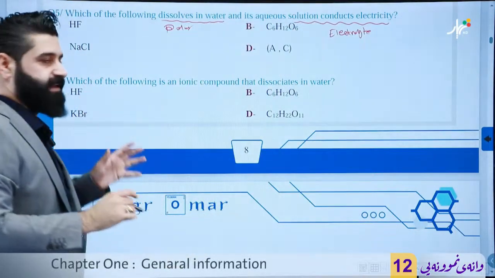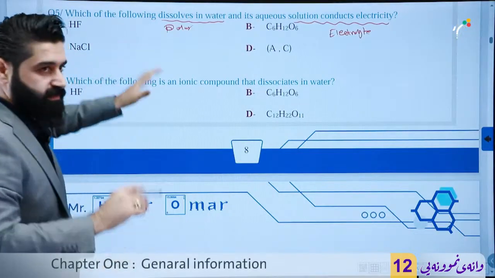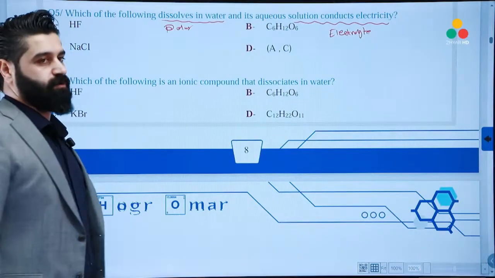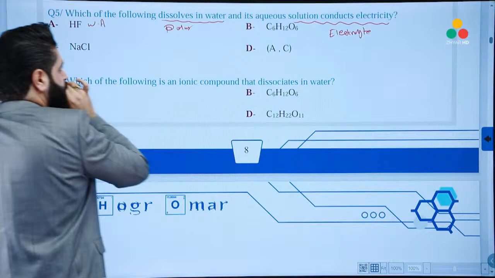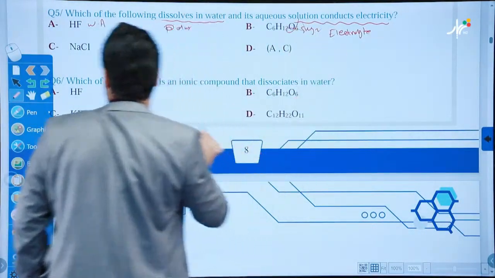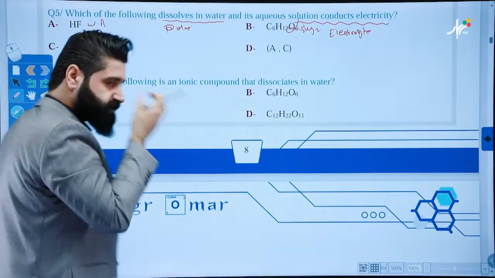Electrolytes can be molecular and ionic. The question didn't specify the type of electrolyte. It just said which of the following is the electrolyte. Look, HF is a weak acid. This is sugar, a non-electrolyte. NaCl is a salt. Later I'll tell you how to recognize the salts.